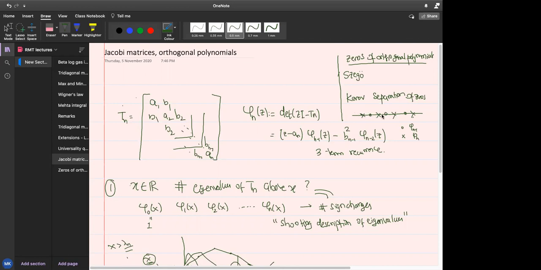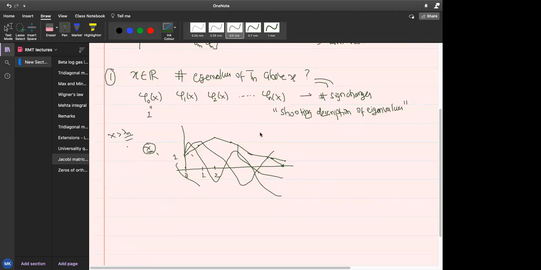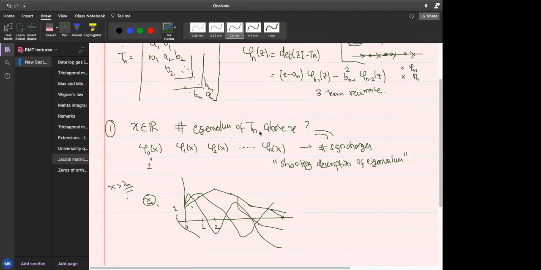Are these circles midway between the two crosses, or closer to one of the ends? That is a theorem of Kac about separation of zeros. I thought these are very easy to do from the method of moments. So maybe I will start next lecture by talking about these and then go on to the shooting description and the n to the minus 2/3 behavior. Okay, so I will stop here.